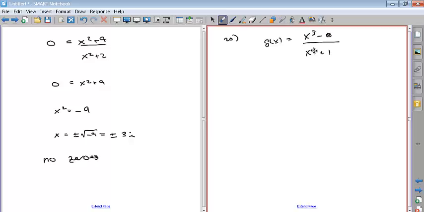It matters as far as the horizontal asymptotes, because when x becomes large, the higher exponent in the numerator compared to the denominator makes this thing go to infinity. But as far as x-intercepts, it's not any different.